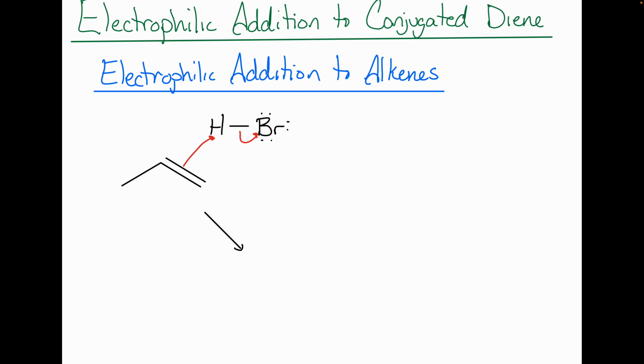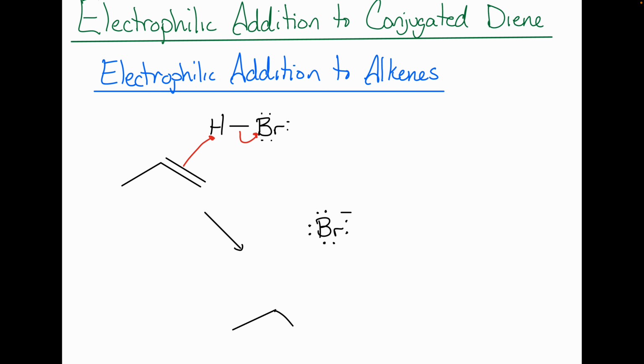Okay, so this was just a bond breaking arrow here. So now I have a bromine that has four lone pairs, which means it should have what? Negative charge, which means that my organic intermediate here better have a positive charge.